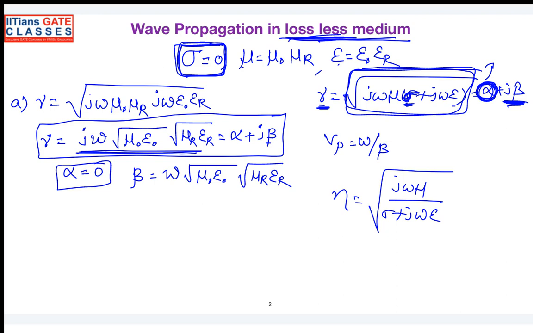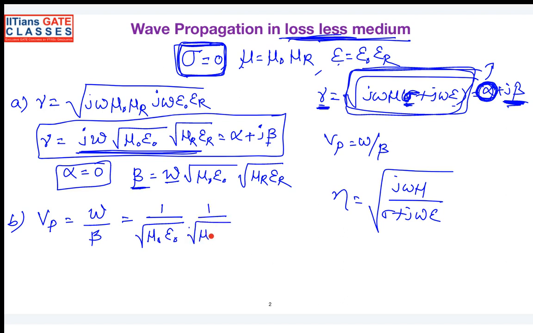And the next thing, what will be the phase velocity? The phase velocity is the ratio of omega by beta. So when you are calculating omega by beta, you can see here 1 by root over mu naught epsilon naught into 1 by root over mu r into epsilon r. If you see here, this is 1 by root over mu naught epsilon naught.